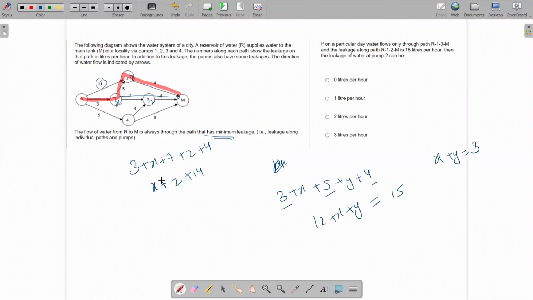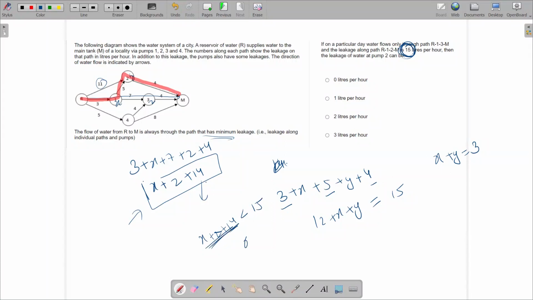Now see, leakage here is 15. If I am flowing water from this path and not following this path, the leakage over here should be less than this. So X plus Z plus 14 should be less than 15, and less than 15, how much value is possible?